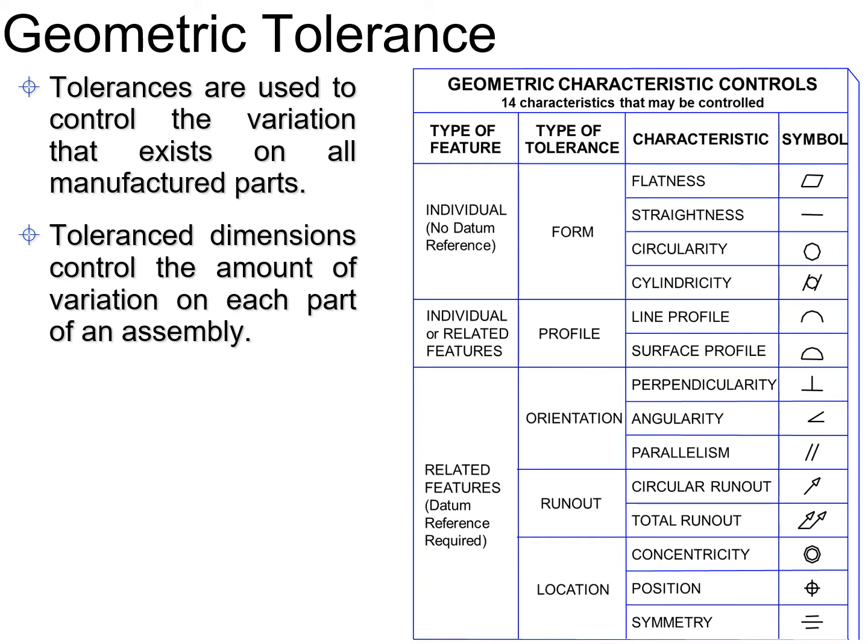So basically in geometric tolerancing, we use different kinds of symbols to define the type of tolerancing that we are using. So in GD&T, as we already discussed, the tolerances are used to control the variation that exists on the manufactured parts. So we try to control the variation as much as we can.